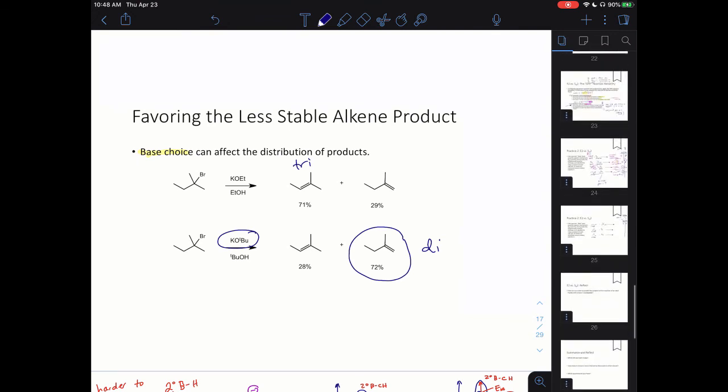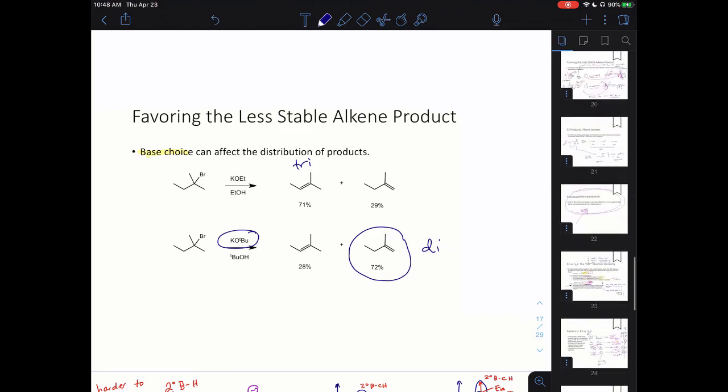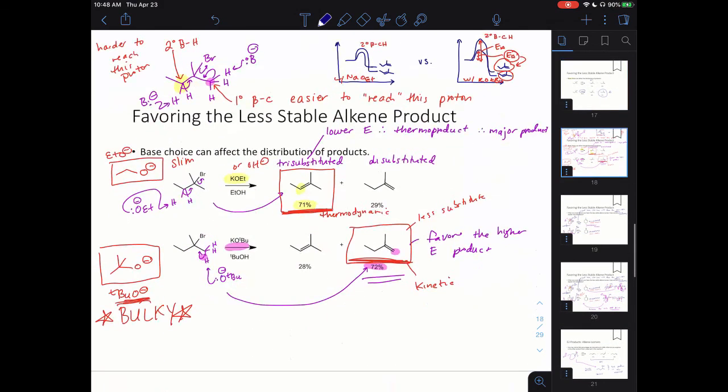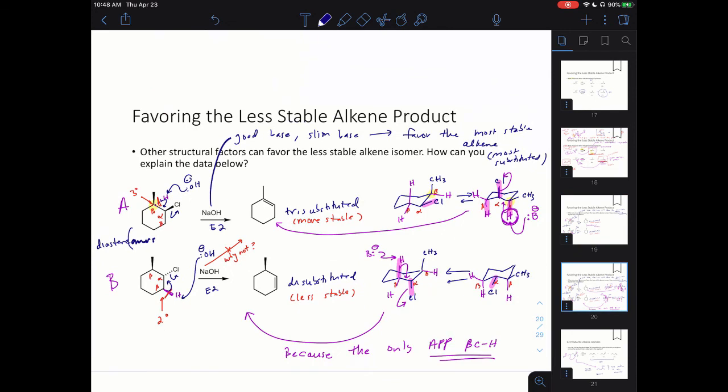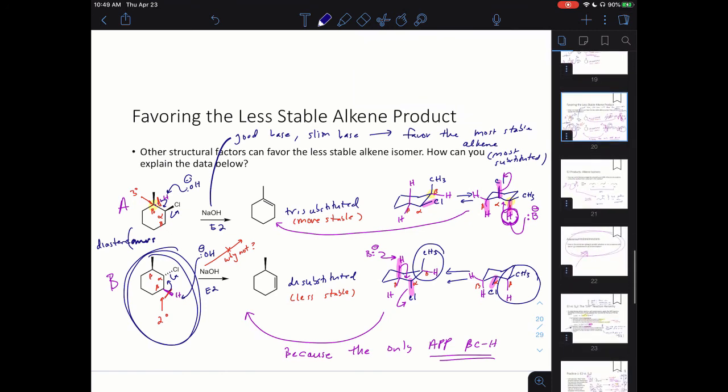And then the other exception was when it's just not possible to find an anti-periplanar hydrogen to the leaving group. The example was here. For this molecule, diastereomer B, there just wasn't an anti-periplanar hydrogen on that tertiary beta carbon. And so you didn't form the more stable product, you formed the less stable product.